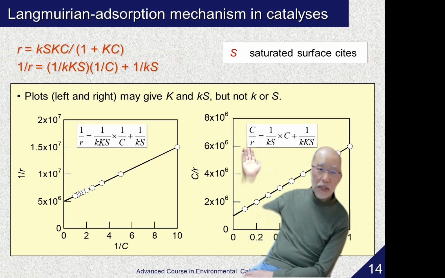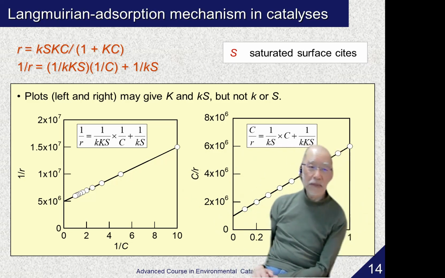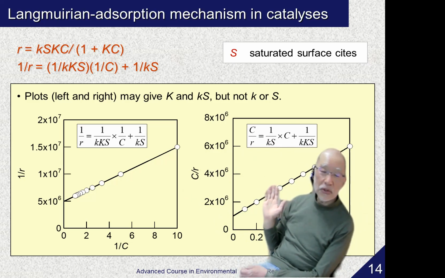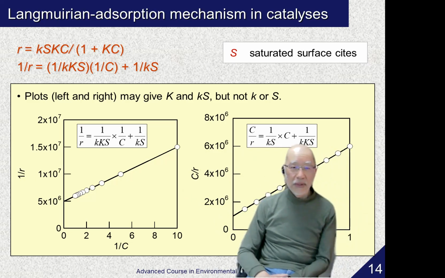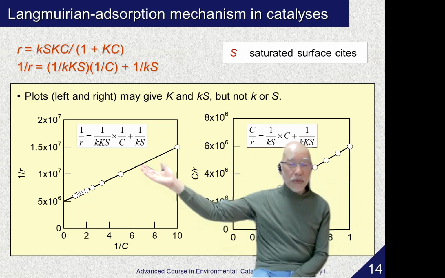The other possibility is this one. C over R is plotted against C, not reciprocal C. A similar linear relation can be obtained. So it is not limited to one type.